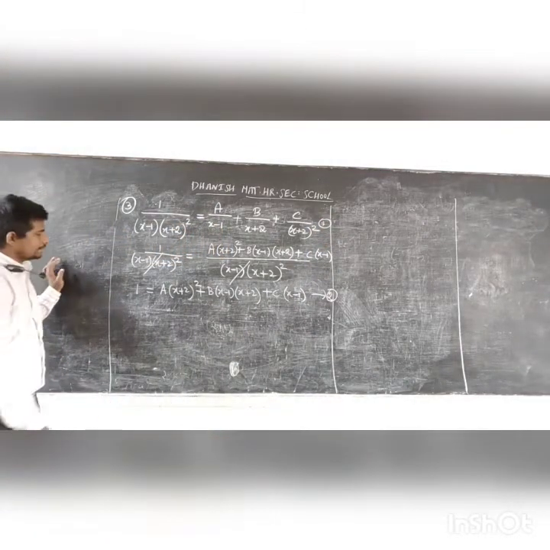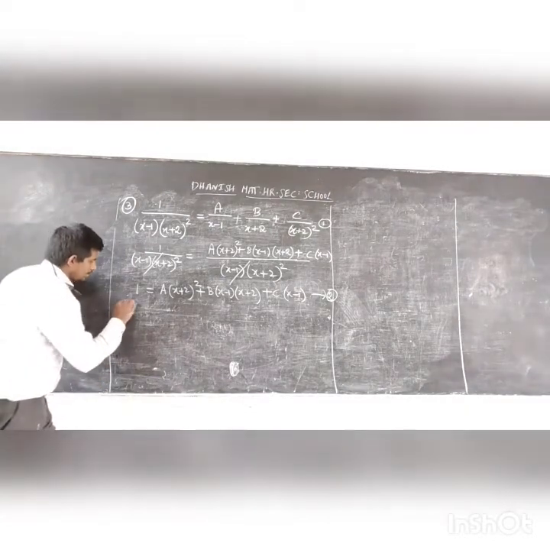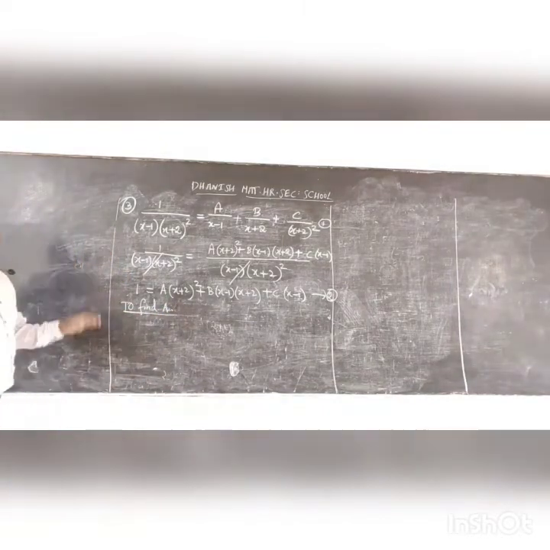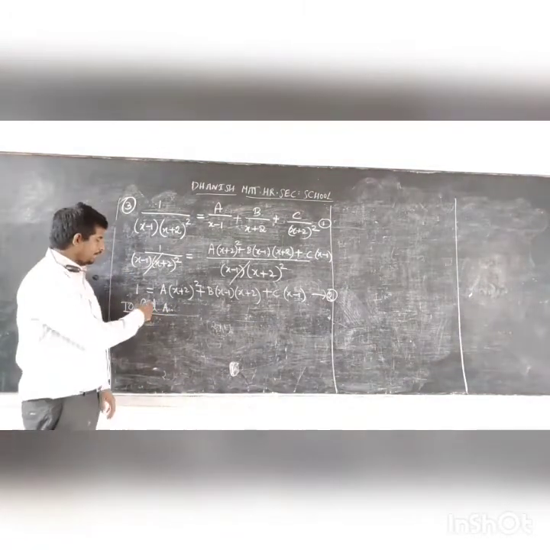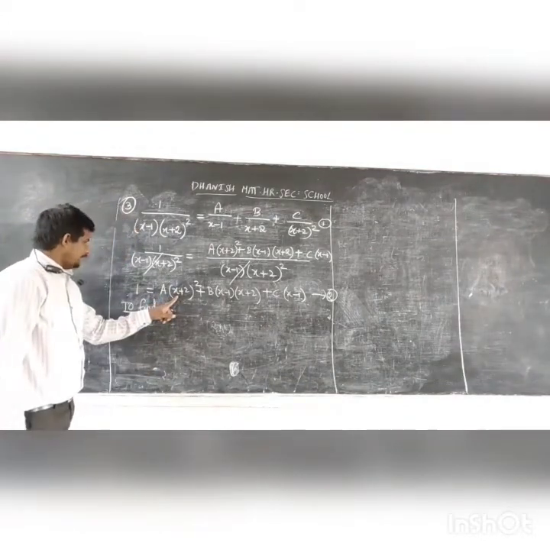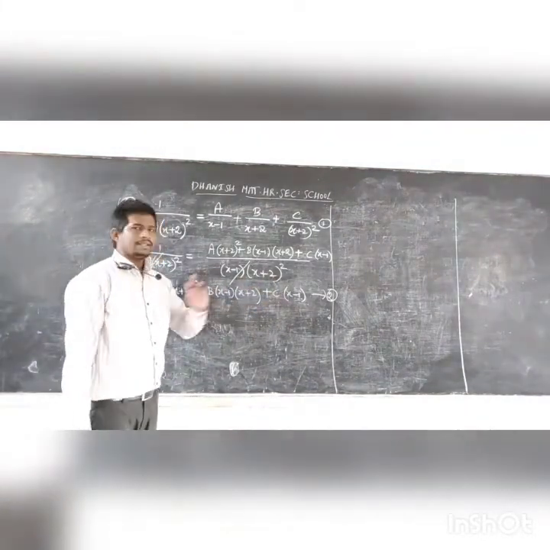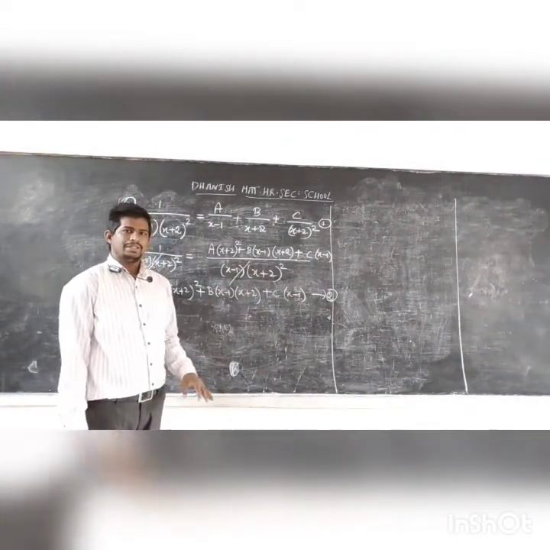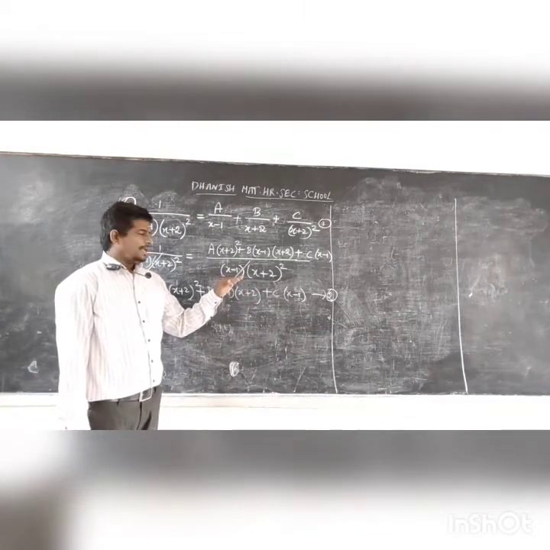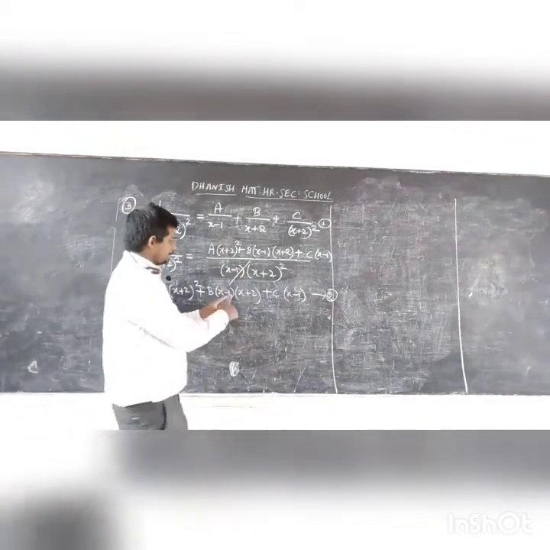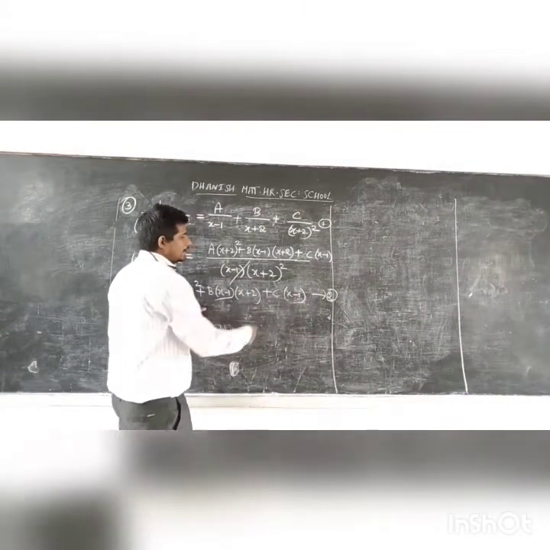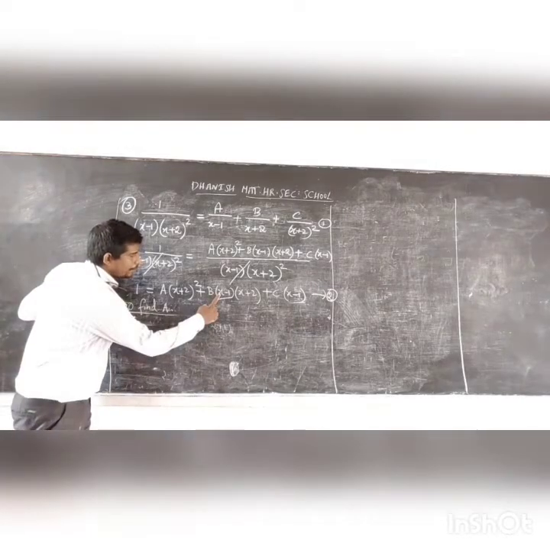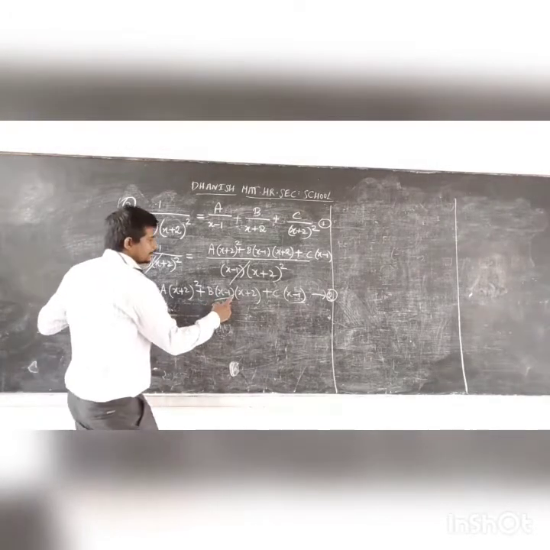Now I am going to find a, b, c. First I am going to find a. In order to find a, the b and c terms should become 0. If you want to make b and c terms 0, we have to check if there is any common factor. Look at these two terms here. x minus 1 is a common factor. So I am going to put x as 1. If I put x as 1 over here, it will become 0.